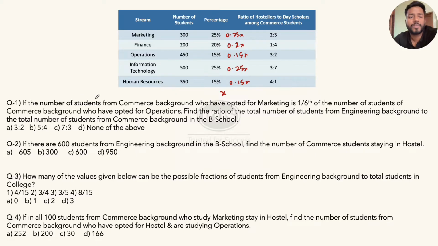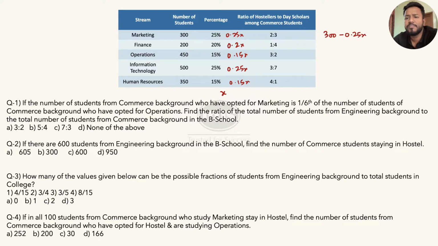So the first question: if the number of students from commerce background who have opted for marketing, so that number would be 300 minus 0.25x.